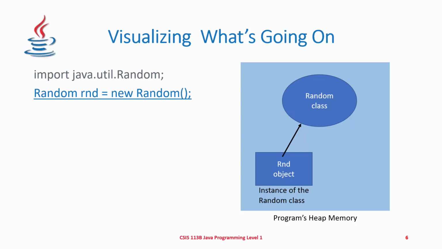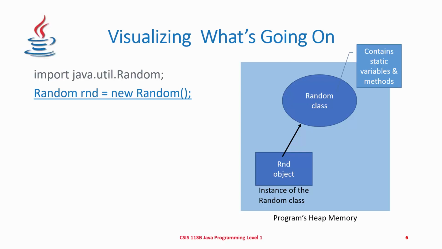Only the instance variables and the instance methods of the class will be copied into our Random object. So if there are static variables or static methods within the Random class, they remain with the Random class. That's important to know because we're going to talk about creating static methods in a little bit, or instance methods as well.